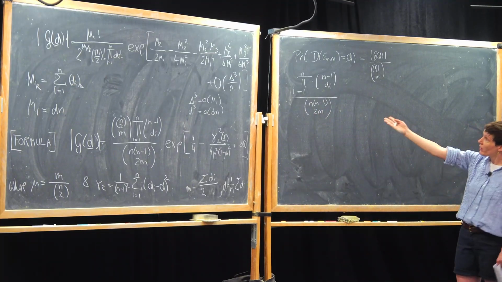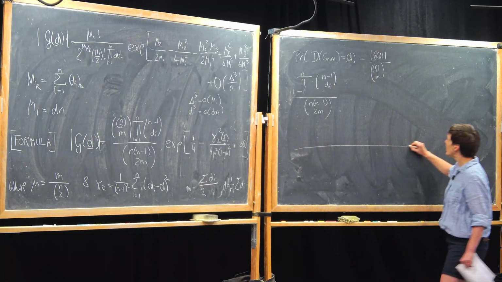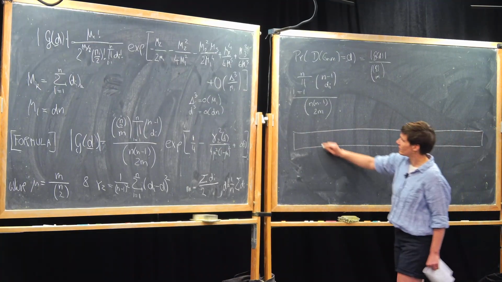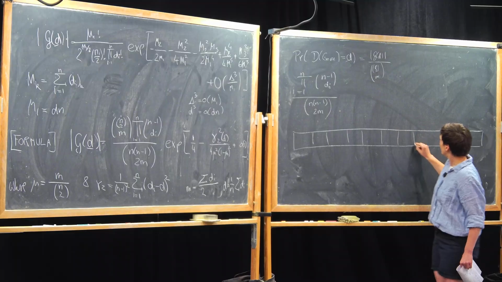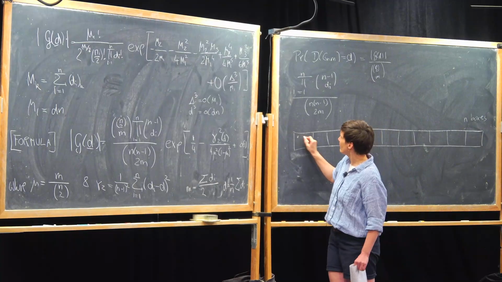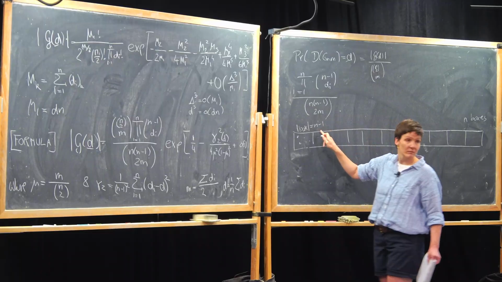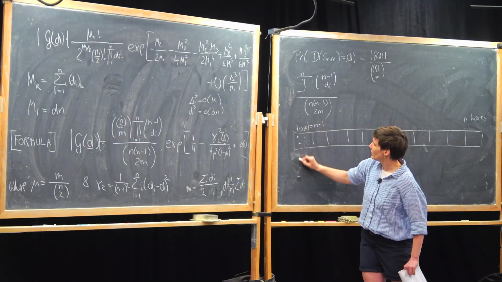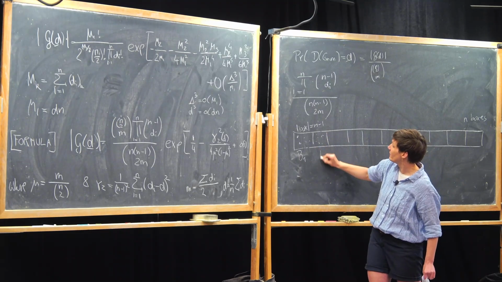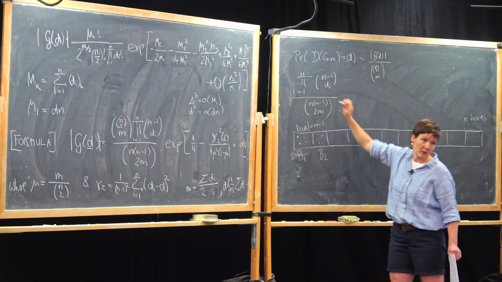Okay. So how can we interpret this? What I claim is that this is the probability of the following thing happening. You have n boxes, and the size of one box is n minus 1. So this is your box B1 for vertex 1. Here you have n minus 1 in box 2, and so on. So that's the size n times n minus 1.